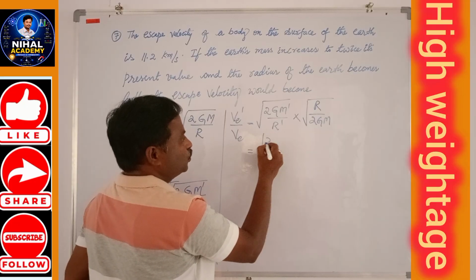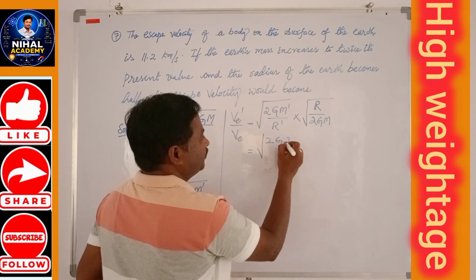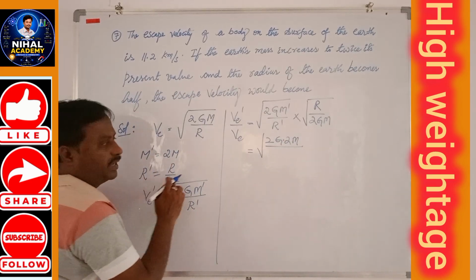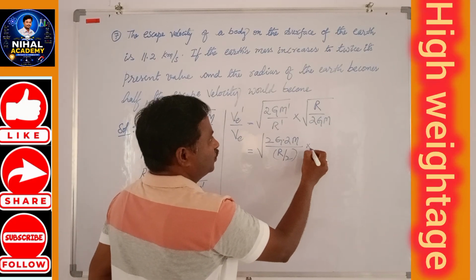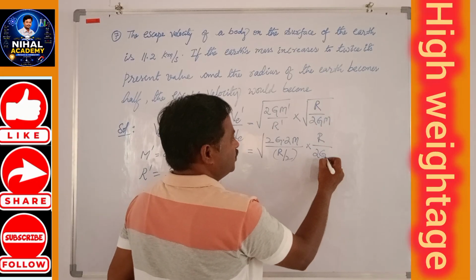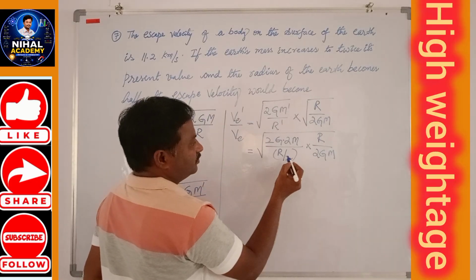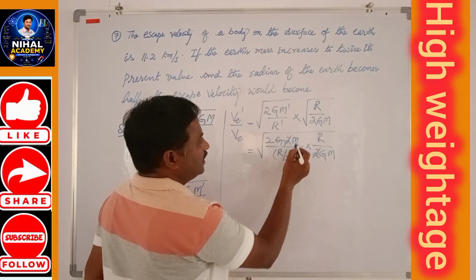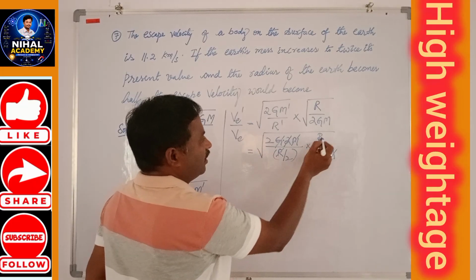So we can write it as 2G M dash, it is equal to 2M, by r dash, it is equal to r by 2. We will replace that value as r by 2 into r by 2GM. Now here this 2 and this 2 are cancelled, M cancels, G cancels and r cancels.